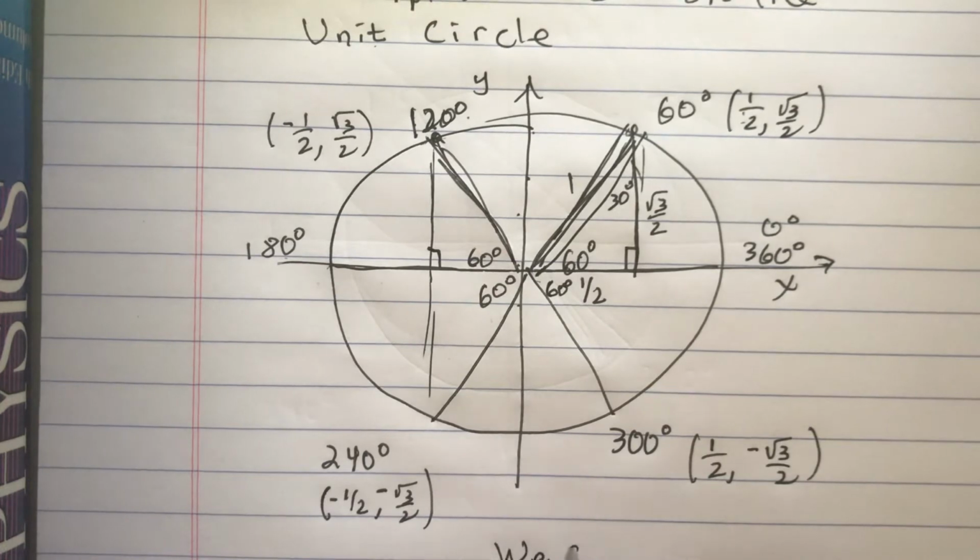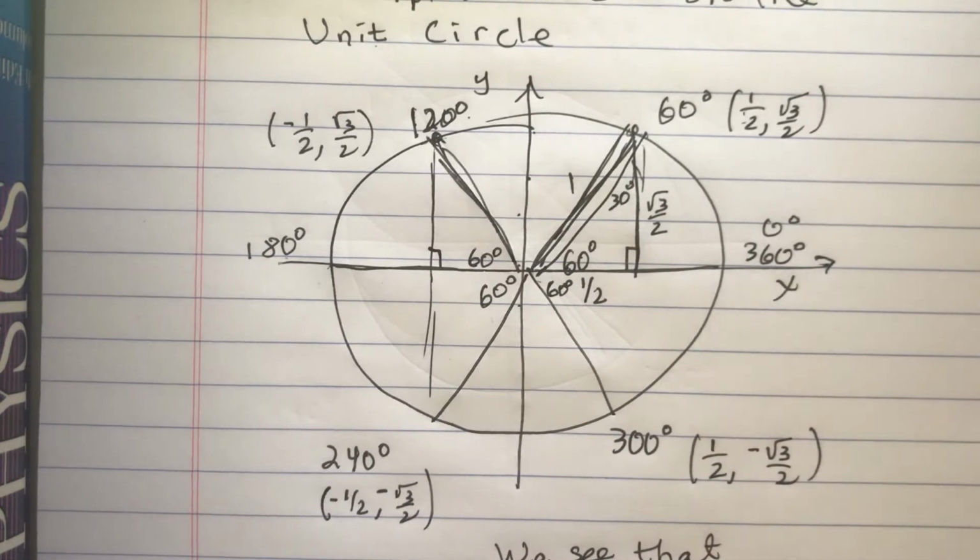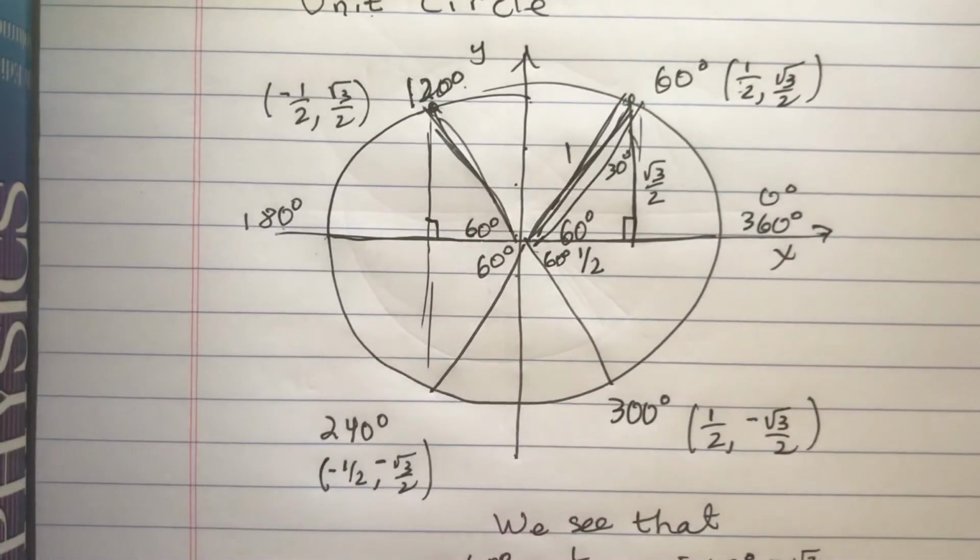So we see that cosine of 60 degrees is equal to 1/2, and sine of 60 degrees is equal to rad 3 over 2. So cosine is the x coordinate, sine is the y coordinate.